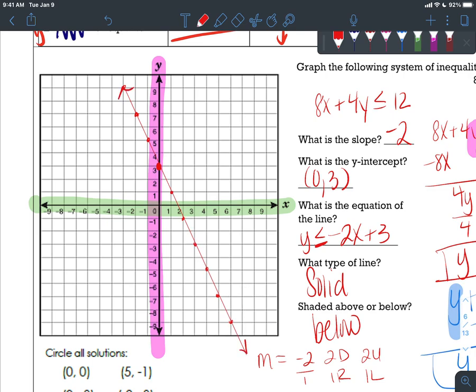Okay, so now I have my lines here. And I need to decide if I'm going to shade above or below. I see it's y less than. So I'm going to shade below. Better yet, let me go ahead and shade using the highlighter.